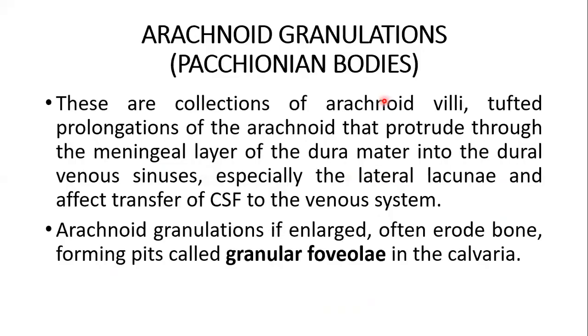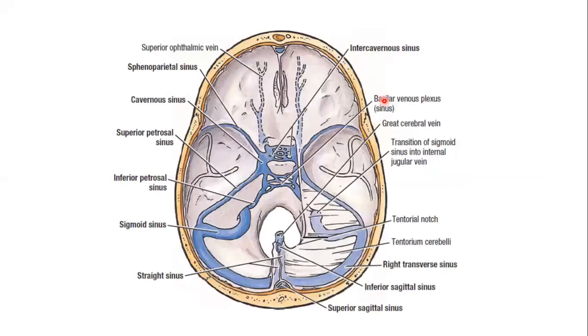I will go back to this picture and identify again a few points. You could see the paired venous sinuses and the unpaired ones. This is the cavernous sinus, very important clinically, and its thrombosis I told you already.